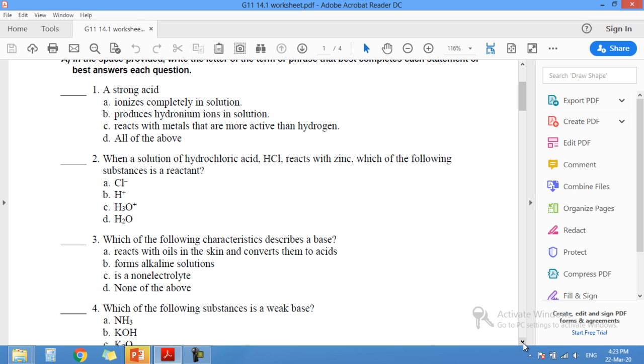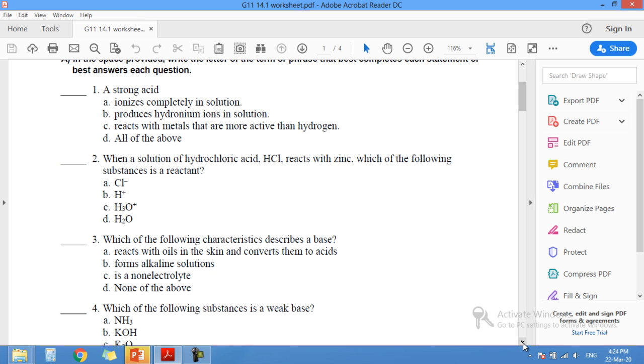A strong acid: A, ionizes completely in a solution; B, produces hydronium ions in a solution; C, reacts with metals that are more active than hydrogen; and D, all of the above. Your answer? Yeah, it's all of the above, D.